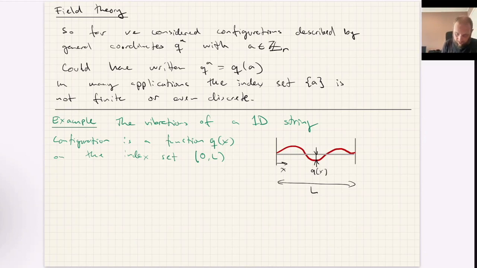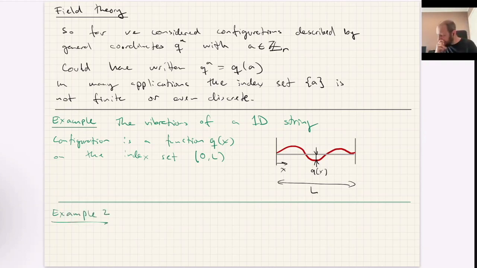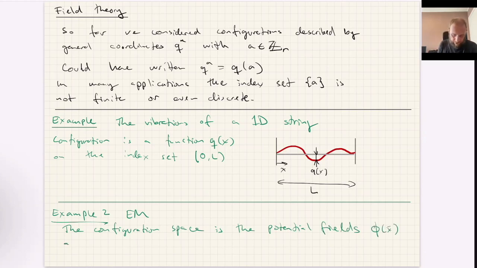Then just to take the other example of the electromagnetic field, example 2. Electromagnetism, here the configuration space is the potential fields. So the scalar potential phi of x and the vector potential A of x, modulo gauge transformations.